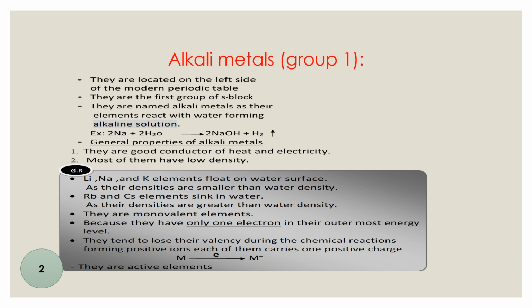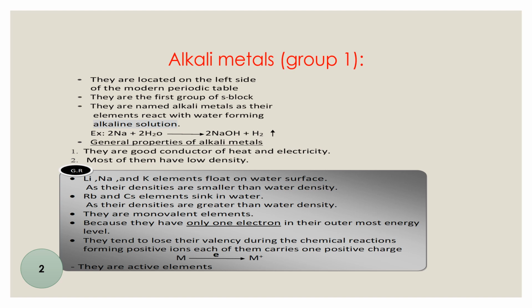Then, if we talk about, for example, lithium, Li. Lithium, atomic number 3, if we configure it, it has 1 electron in the outermost energy level, and it tends to lose 1 electron in chemical reaction. So we can call it a monovalent element. So give reason.